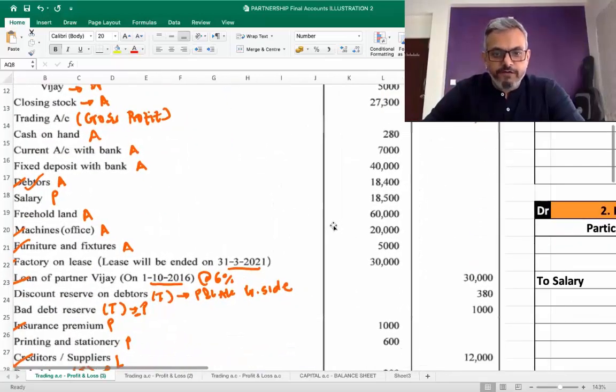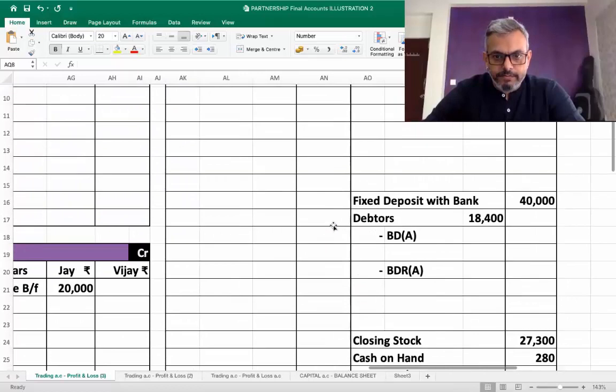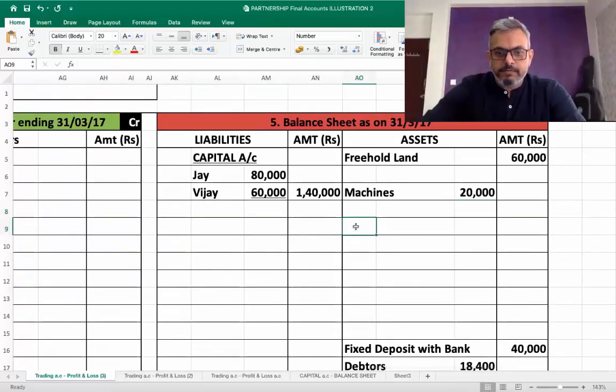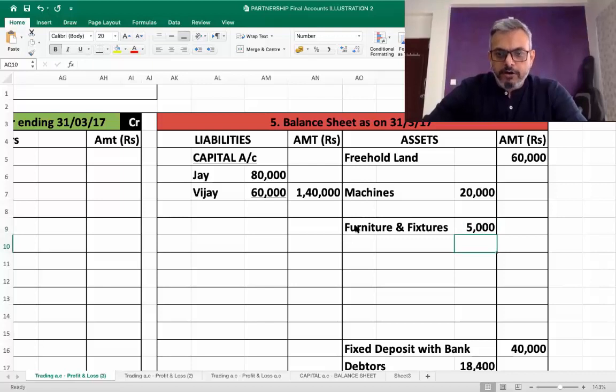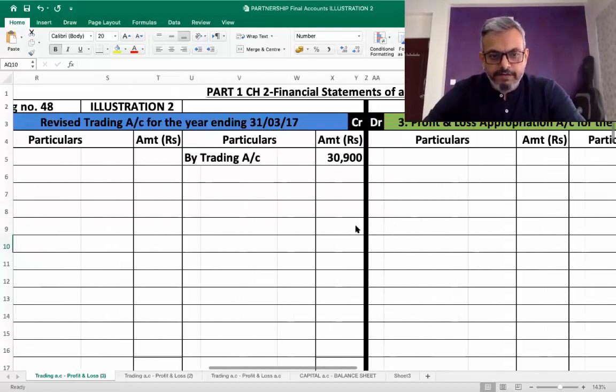Furniture and fixtures 5,000, inner column, asset.